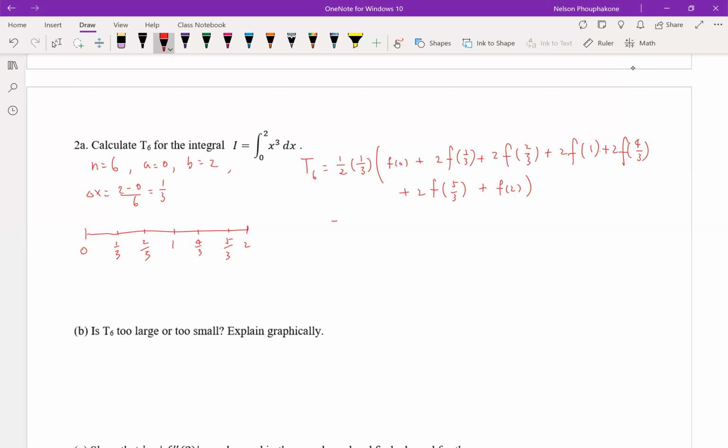And again, if you use your calculator, plug it into the function where f of x equals x to the third, then you will get 4.1111.